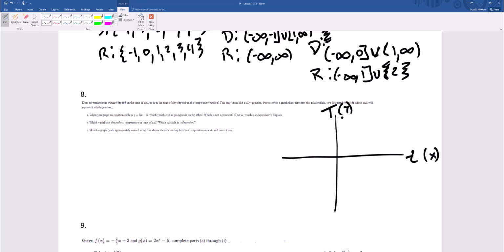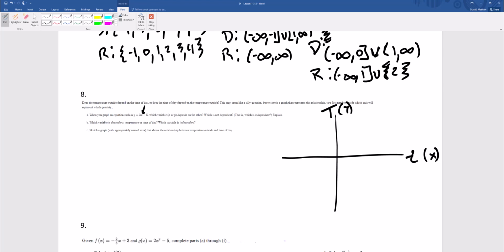So the independent variable is going to be x, and the reason why it's independent is because the time of day in this instance, or the x in that equation, it just exists. Now the time of day will then tell you the dependent variable, the y, it'll tell you what the temperature is going to be.